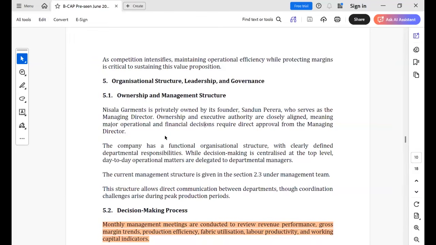The top person does not have enough time to think at macro level and expand the business. He is always busy with daily routine activities: signing cheques, going to the production floor, checking the fabric, checking garments, and giving a hundred approvals per day. So he doesn't have time to think beyond that. That is the weakness.